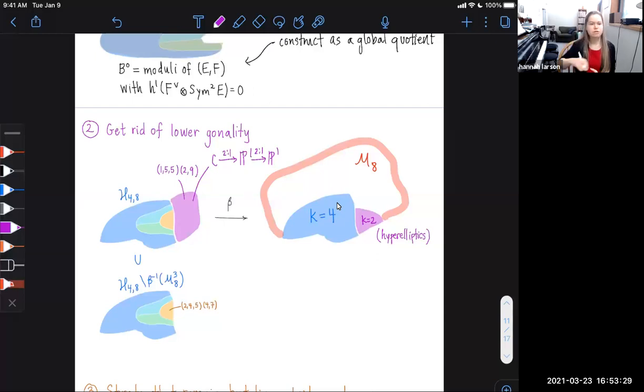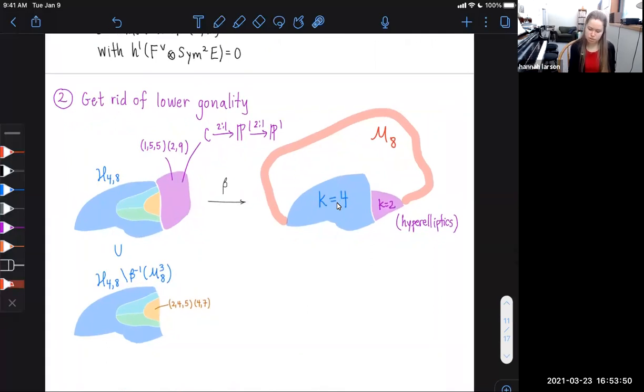So this entire stratum gets sent into the hyperelliptic locus when we map to the moduli space of curves. And we already know everything there is tautological. So we can throw out this purple stratum.